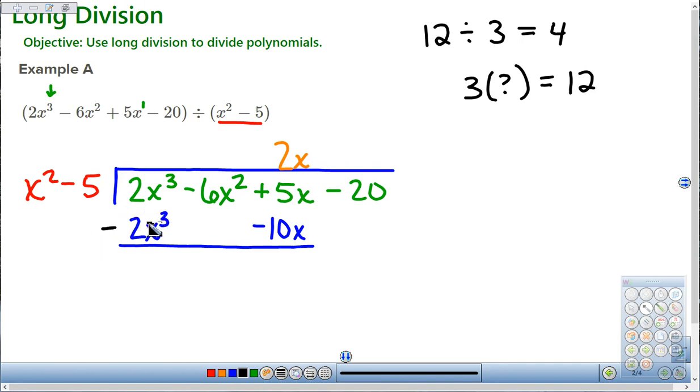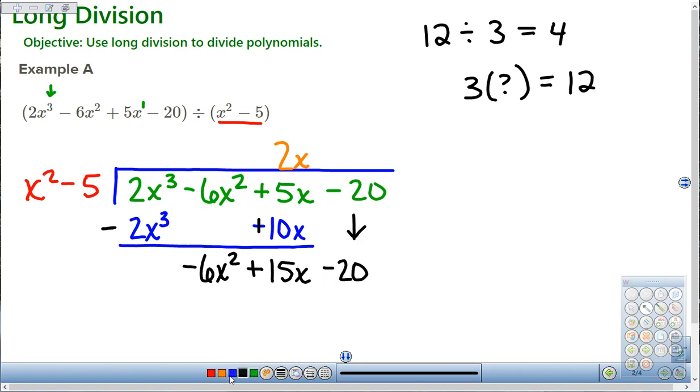This was positive 2x cubed, now it's negative. This was negative 10x, now it's positive. And then combine downward. Now we have nothing, because 2x cubed minus 2x cubed is nothing. Bring down the negative 6x squared. Add those together, because that's now a plus, and we get 15x, and then bring down your new term.